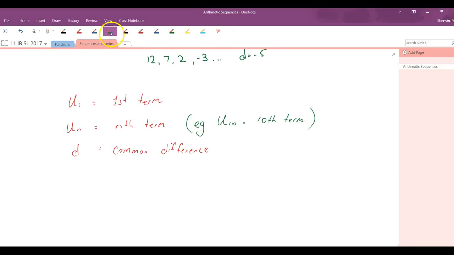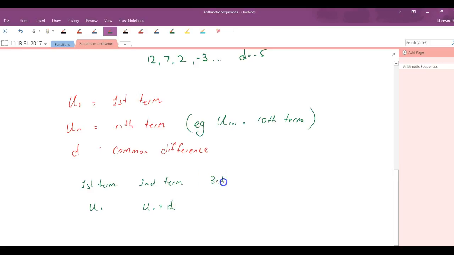So if we start to have a look generally now at an arithmetic sequence. Okay, so we'll call the first term U1, and the second term, yes, it's U2, but let's use it in terms of U1. What's happening to the second term? Well, we take the first term and we always add the common difference, don't we?